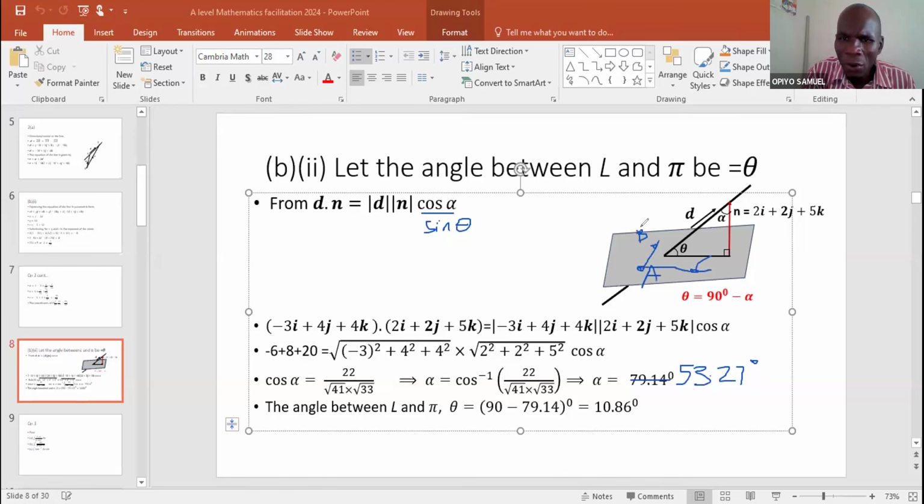When you cross vector AB and vector AC, you get a vector which is normal to the plane. That's what you need to do in case they give points on the plane. So you have to get the vectors, then later you cross.